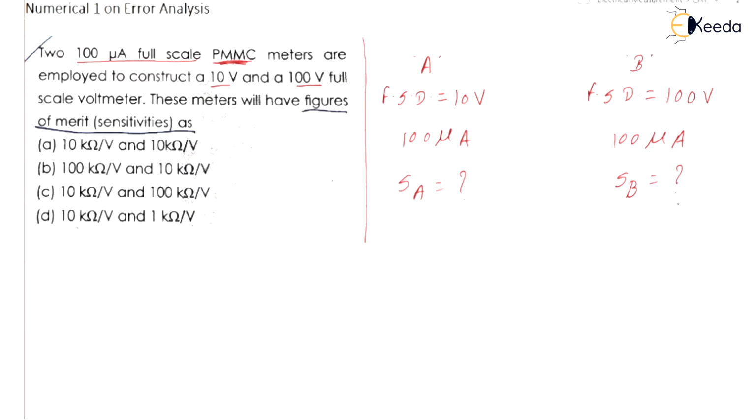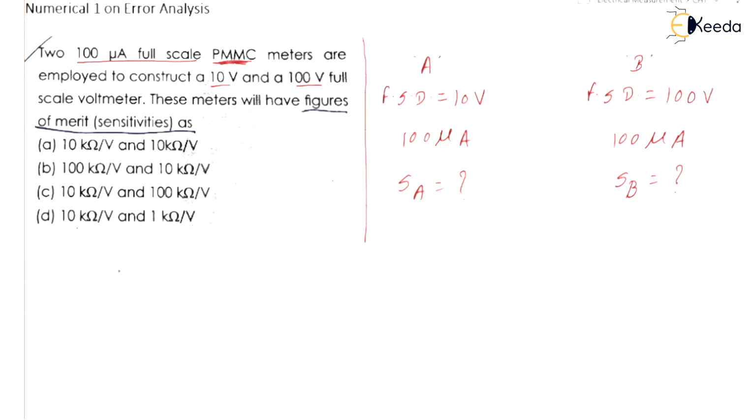While discussing the loading effect, or before that, in one numerical we have discussed that sensitivity into full scale deflection will give you the total resistance. Now first of all we know the full scale deflection, it is 10 volt. Can we first find the total resistance? Once we get the total resistance, we can find the sensitivity.